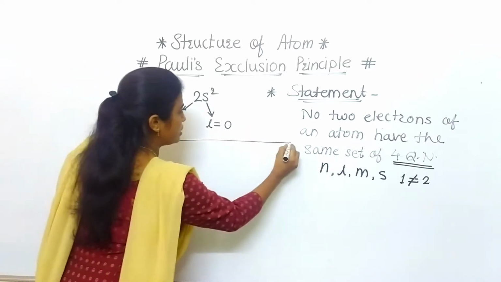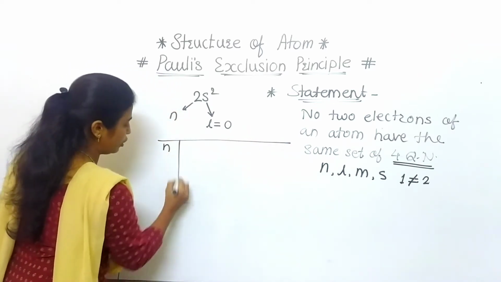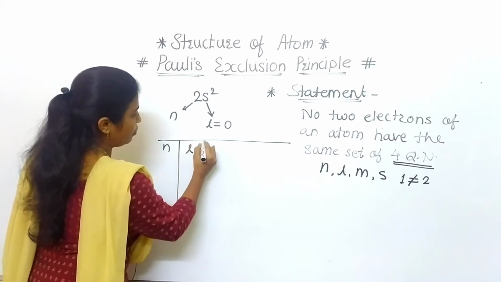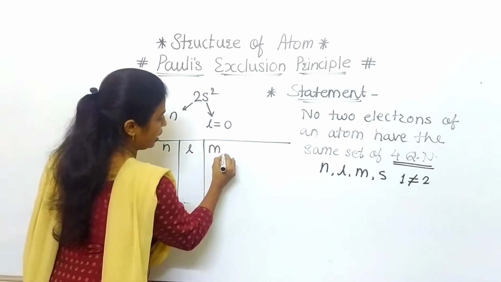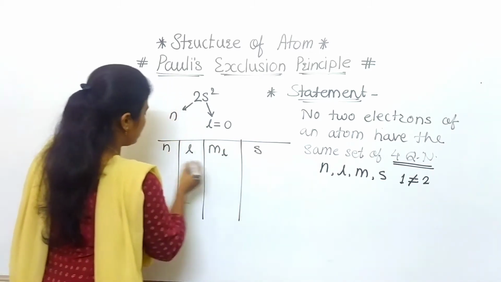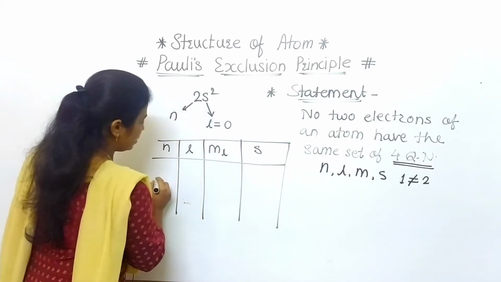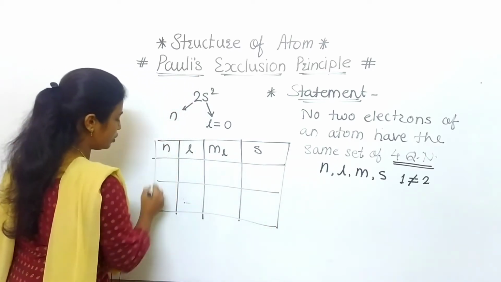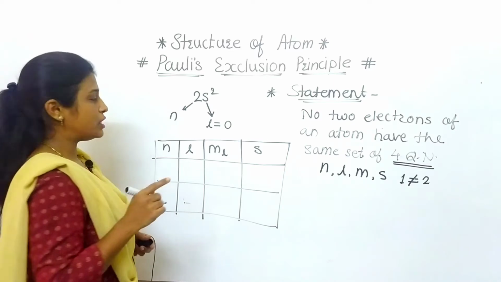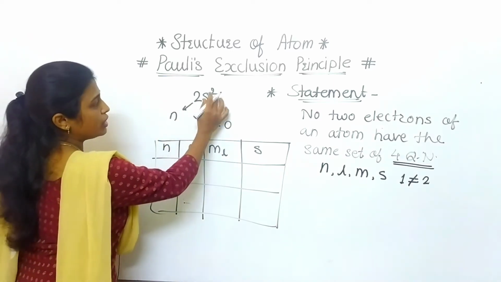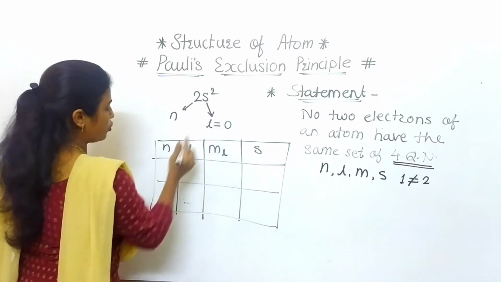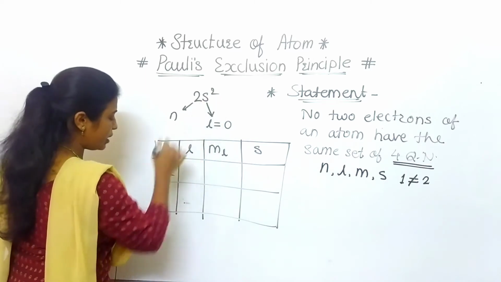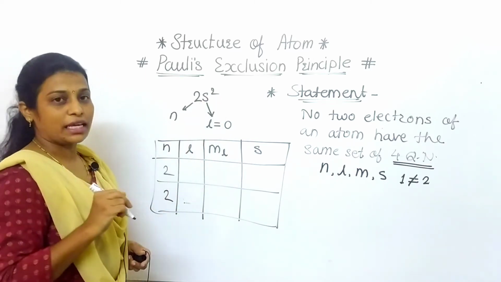Now consider a table with the n value, then the l value, next the ml, and last the spin quantum number. We are going to discuss this for two electrons. One electron is in the second shell, and the second electron is also in the second shell.